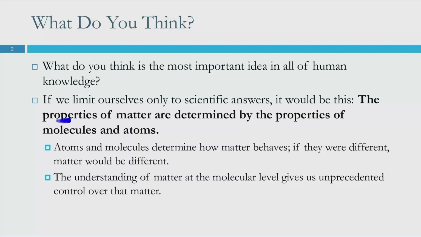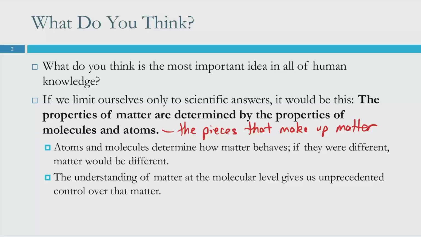The properties of matter are determined by the properties of the molecules and atoms, the pieces that make up matter. The smallest little bits of matter. The way that the submicroscopic world, the world that we can't possibly imagine, at least not very accurately, the way that those small particles interact with each other determines how our big world interacts.